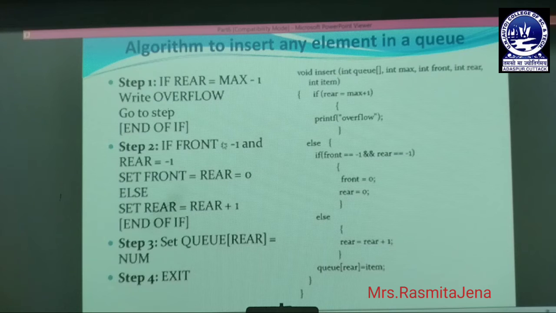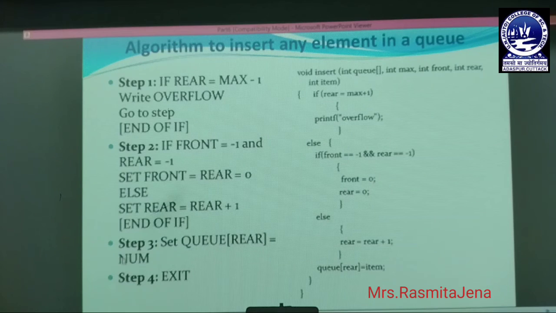So, when this condition is false, we will go for the else part of this if, that is, else set rear equals rear plus 1. When we increment the rear value, at the location where the rear points, we will insert our element. Okay, so set Q of rear equals num.